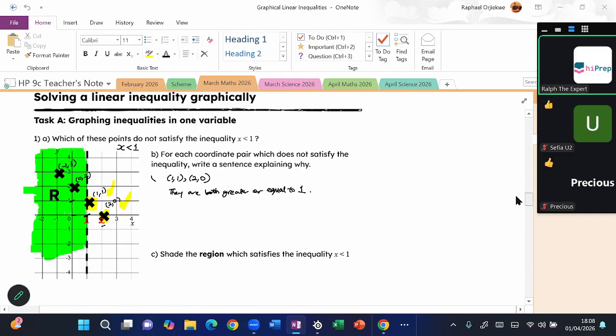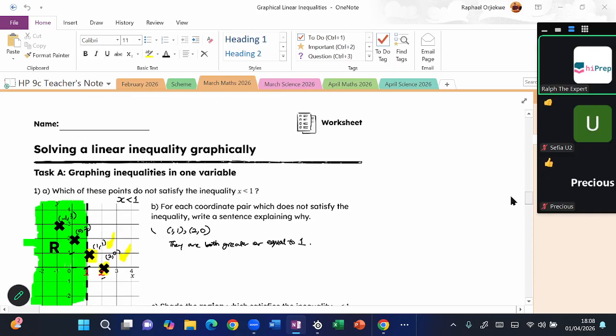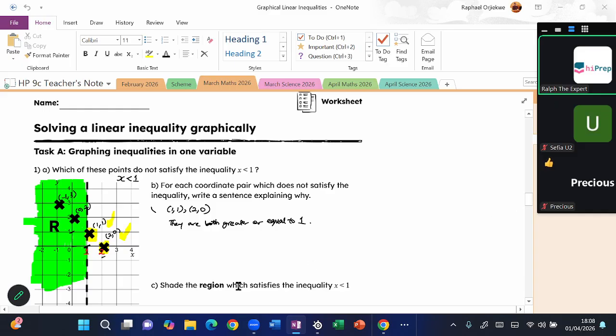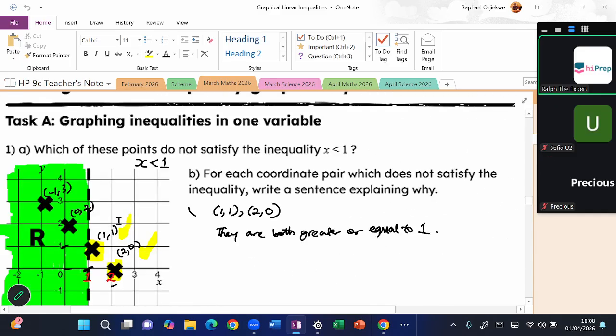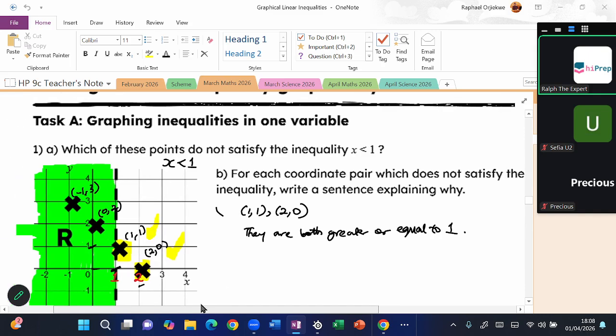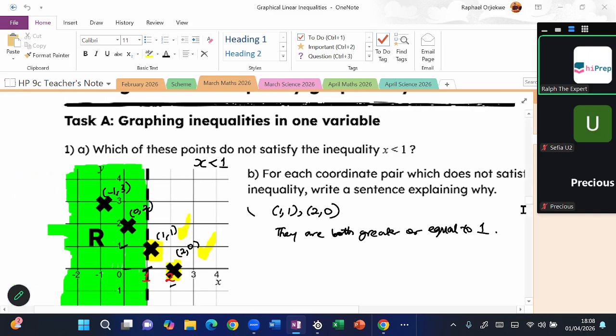Okay, so this is what we have. This is what we did last time. We were able to locate the point on the graph, and we were able to tell that the points in the green region were the only points that satisfy the inequality.